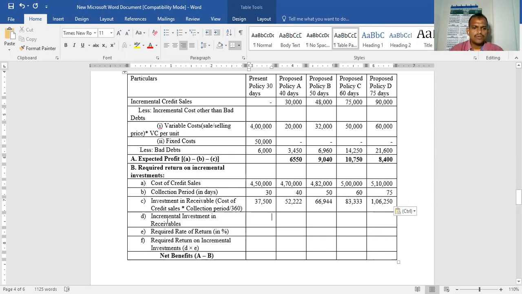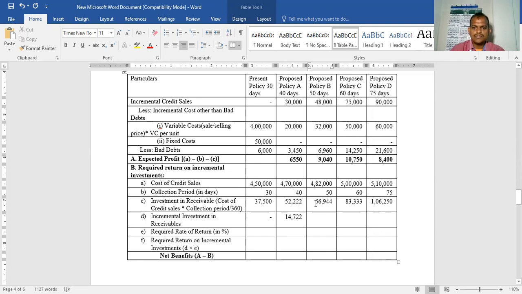Okay. So incremental investment in receivables. How much is the present policy? There is no such thing. But here, how much is increased? 14,722, that is 52,222 minus 37,500.